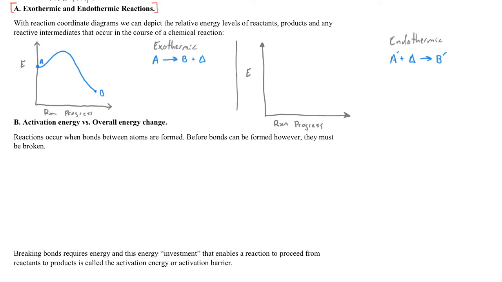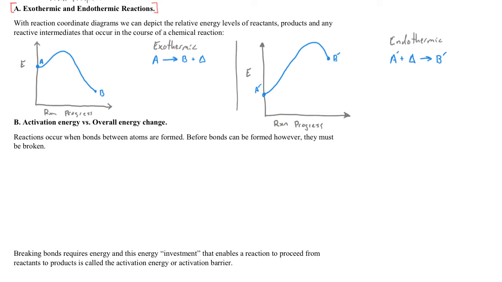So when we plot a reaction coordinate diagram for an endothermic reaction, A prime is always lower in energy than B prime. Now, as A prime converts into B prime, it also has to climb up an energy barrier, a hill, first to reach some maximum energy before then declining back down to the slightly lower in energy B prime.